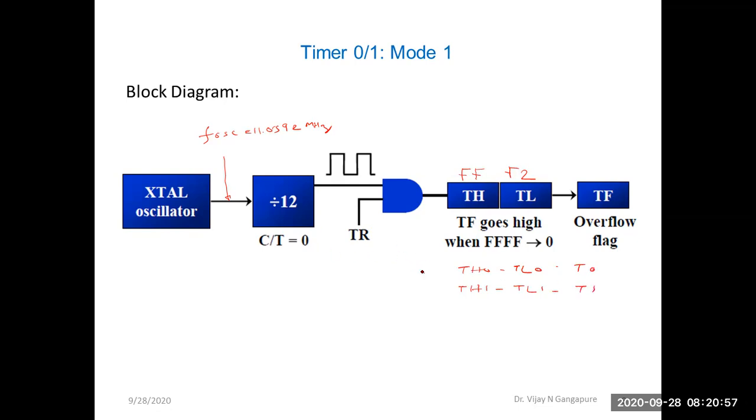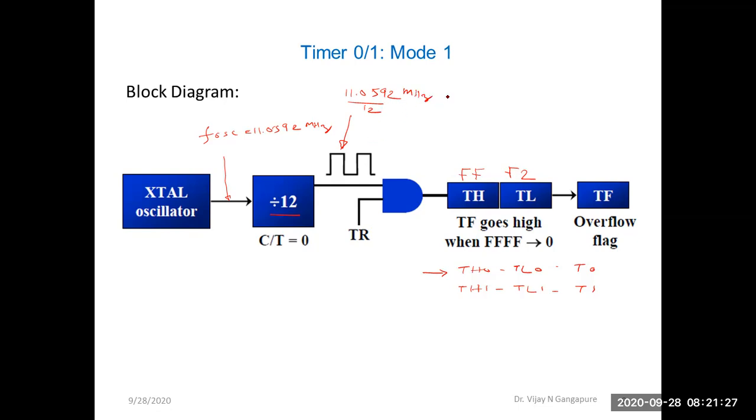Suppose I am using timer 0. The pulses we are getting at the output of the crystal oscillator are at 11.0592 megahertz, and this frequency will get divided by 12. So the frequency of these pulses is 11.0592 divided by 12 megahertz.